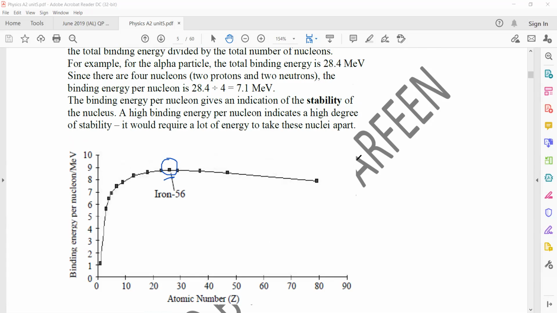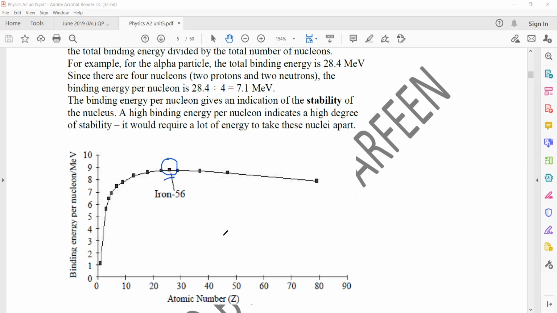So how to get this? First we find the mass defect, the mass of particles outside the nucleus minus the mass of the nucleus. When we take the difference, we get the mass defect, and then dividing by the number of nucleons, we get the binding energy per nucleon. So the graph shows that iron has the highest binding energy per nucleon. Other nuclei are there, but they have lower than iron.